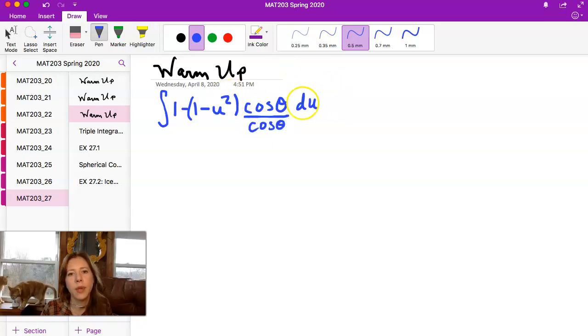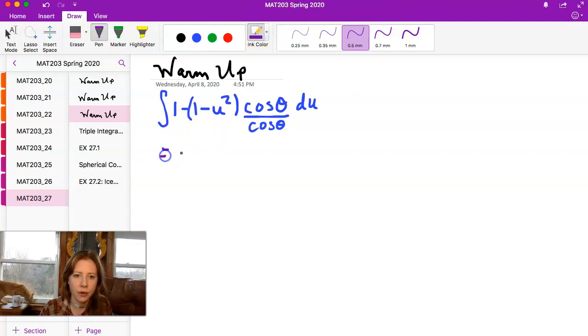Right, so let's break this up into pieces. So this 1 we're going to pull out. We can split this into 2 different integrals.